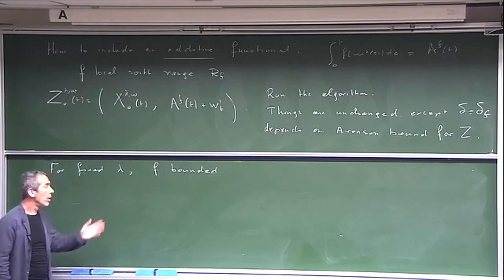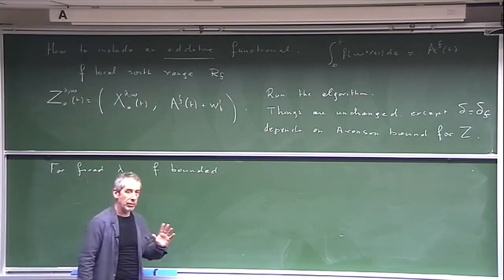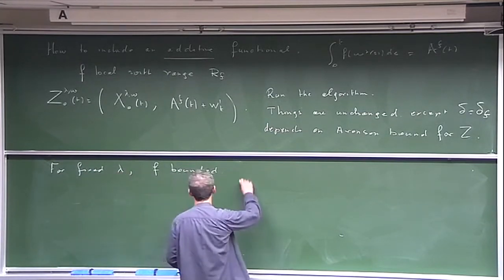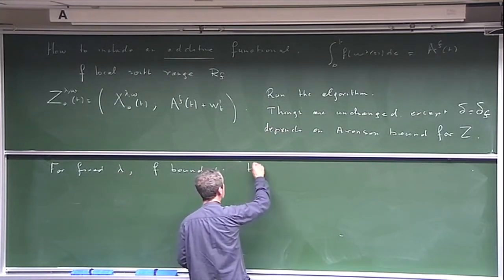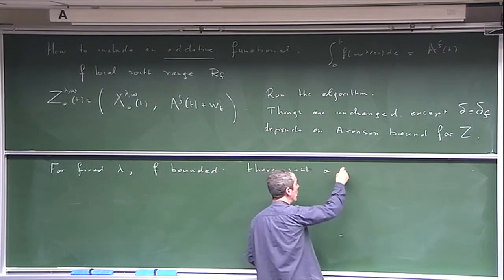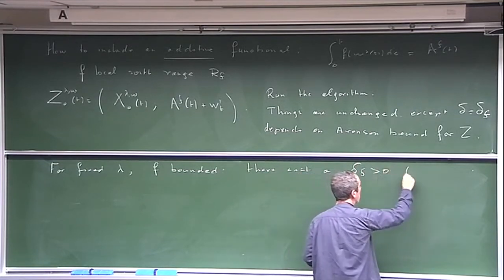So you have a delta. But this is if you don't care about the way delta depends on lambda. Then there exists a positive delta that depends on lambda.